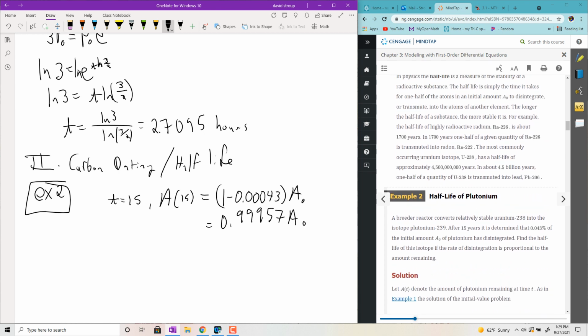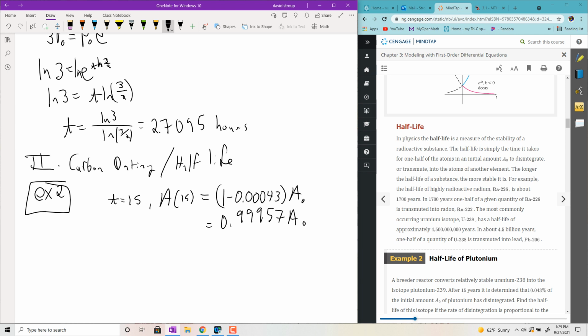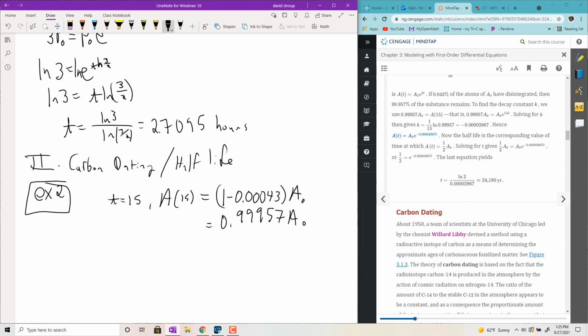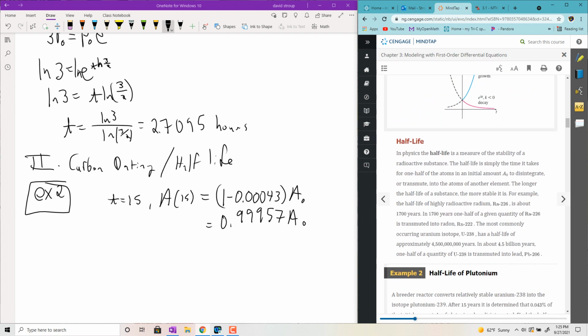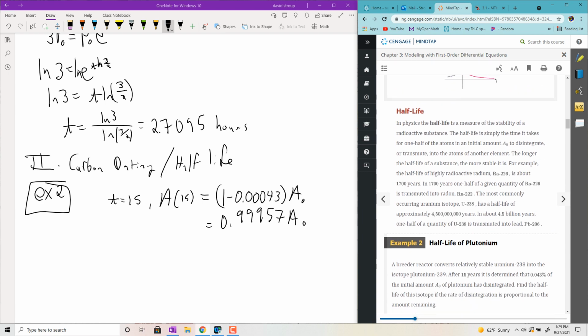They tell us in the information above, I think they give you the half-life of plutonium-239 somewhere. There's isotope 238. I'm not seeing it. Maybe they put it in a chart. Sometimes they'll put it in a chart. There's radon.